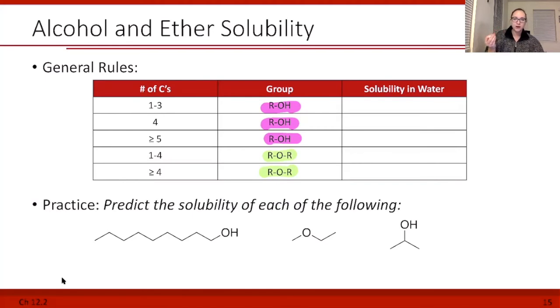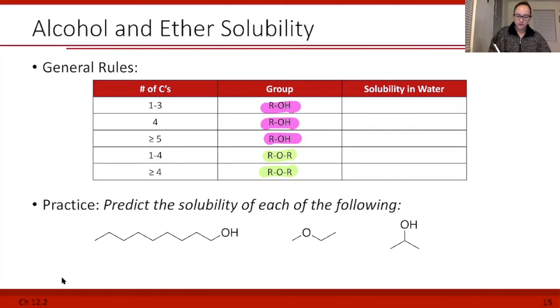So the number of carbons also determines the solubility. The carbon part of the molecule is not soluble. There are no interactions at all. If you have a lot of parts that don't interact with water at all, and one part that does, that typically means it's not soluble, because the parts that are insoluble are stronger than the parts that are soluble.